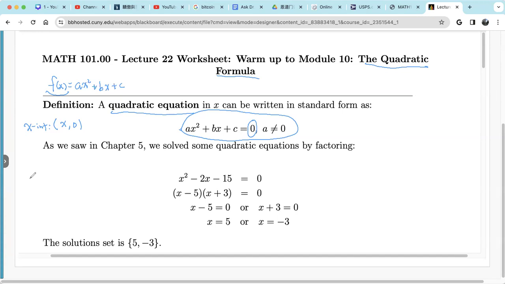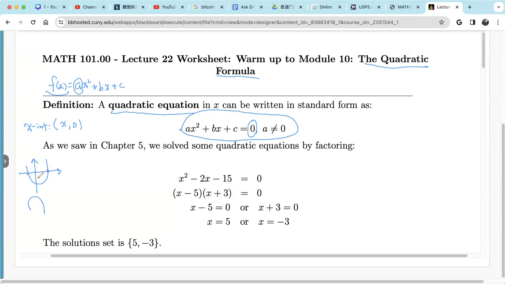Right? Quadratic functions, we have an upward parabola if A is positive, and a downward parabola if A is negative. So solving the equation when the function value equals 0 means we're looking for, it's just as an example, okay?